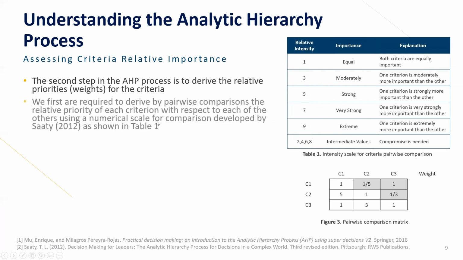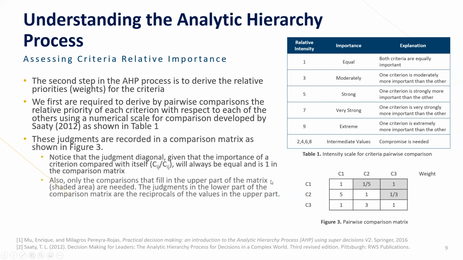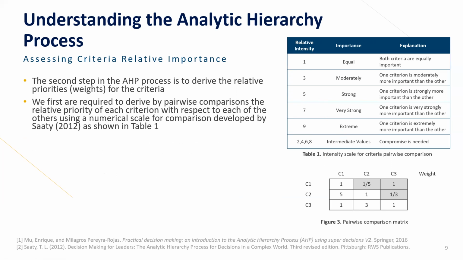Now let's take an example of how you can give those relative intensities between one criteria and another one. First, you notice that we only give the importance, or the score, to the cells here that are shaded in gray.